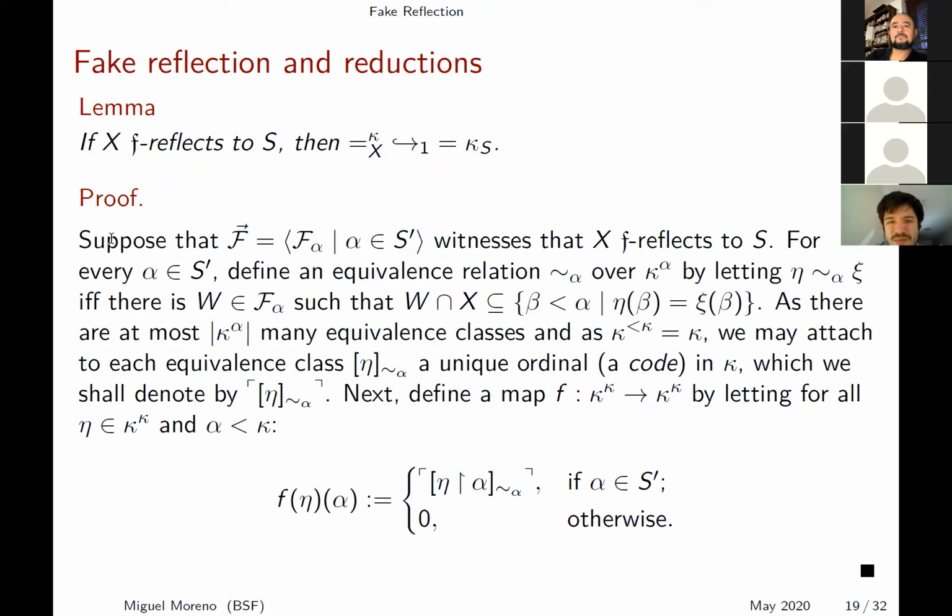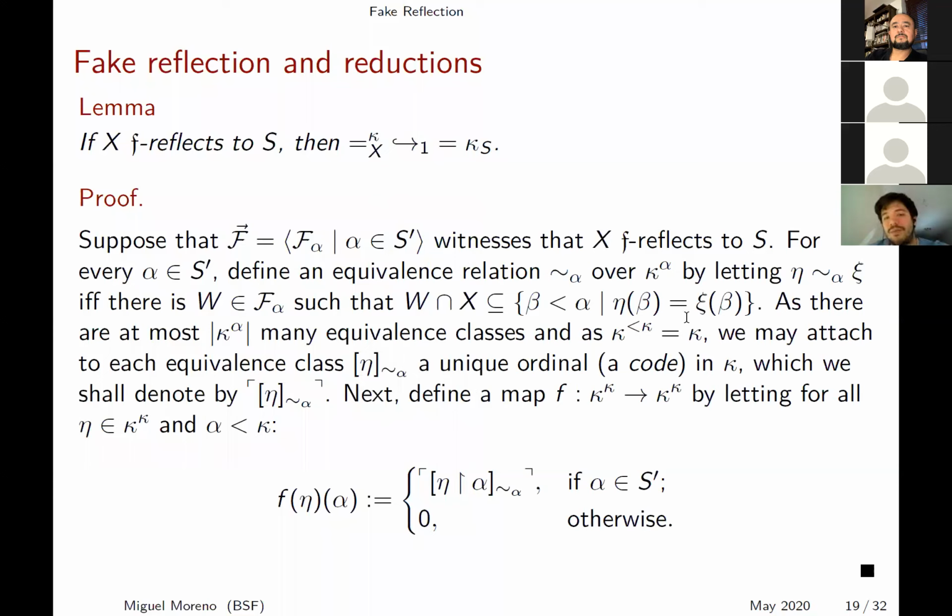So, yeah, the thing is, I wanted to change the screen, but I cannot because I'm sharing. But suppose eta and xi are related modulo X. So there is a club such that C intersected X is contained in where they coincide.